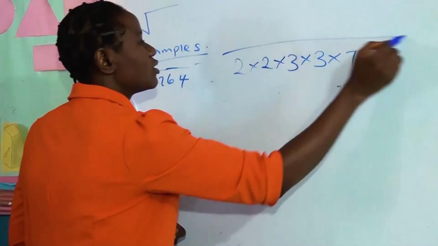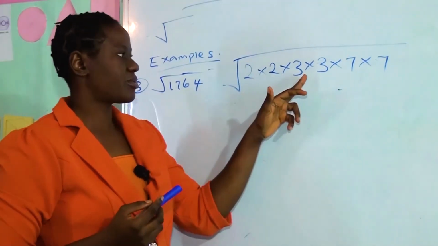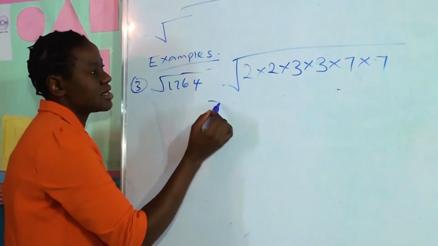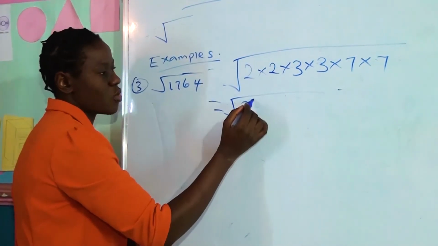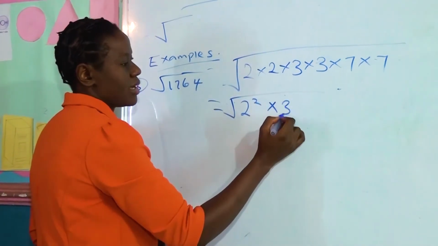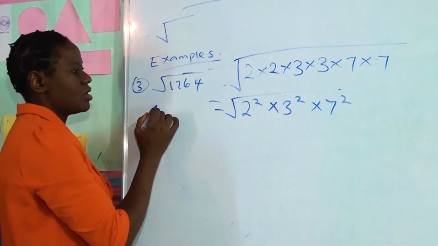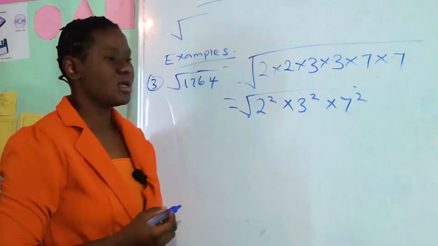So it's as though you are finding the square root of 2 times 2 times 3 times 3 times 7 times 7. This is also equal to the square root of 2 squared times 3 squared times 7 squared. So the square root will cross out the squares.